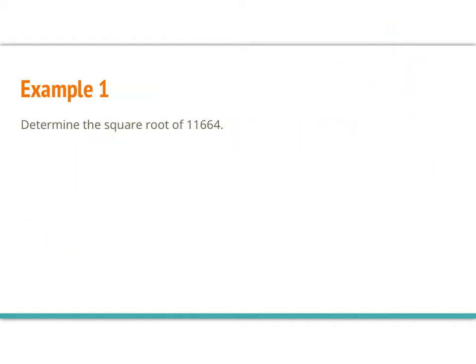Determine the square root of 11,664. So, we are going to square root. We don't need to write the 2. The square root is the answer to this. We should know where the square root is.